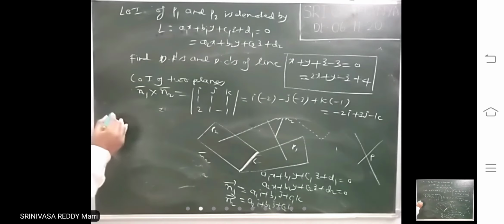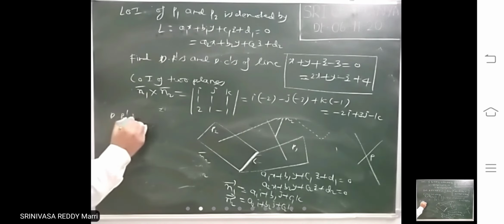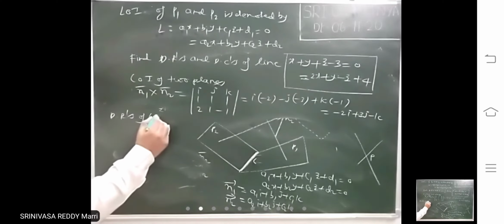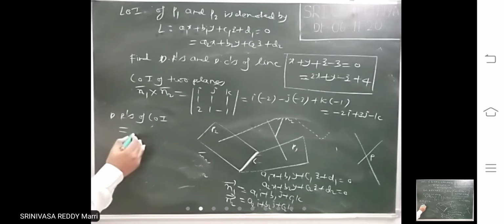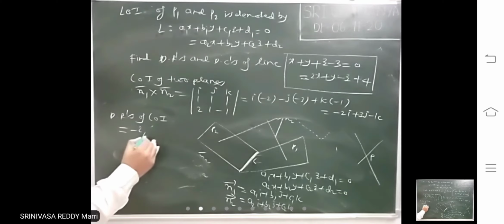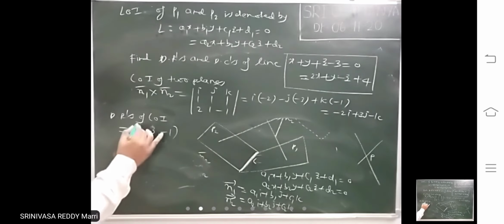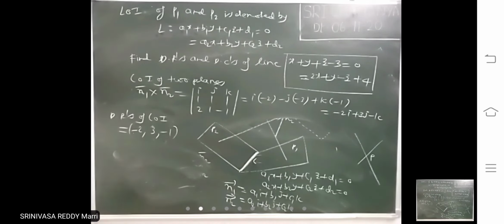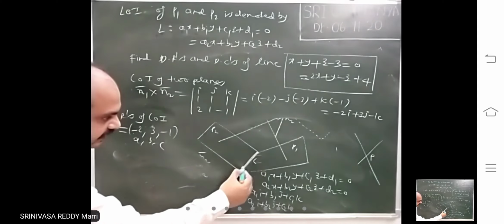Therefore, the DRs of the line of intersection are minus 2, 3, minus 1. These are the DRs of this line.